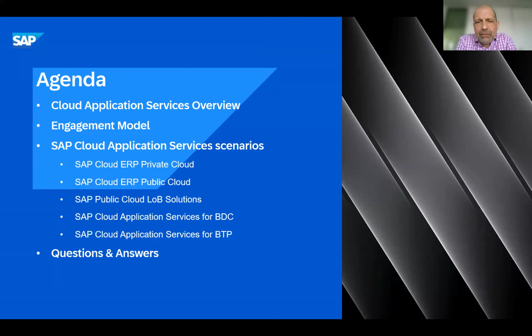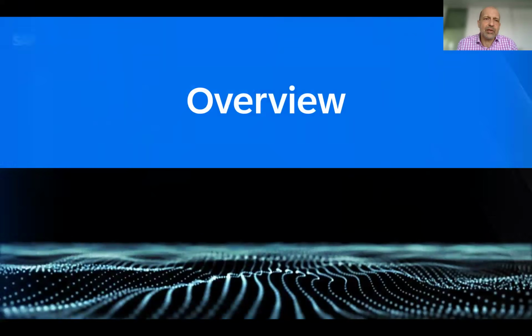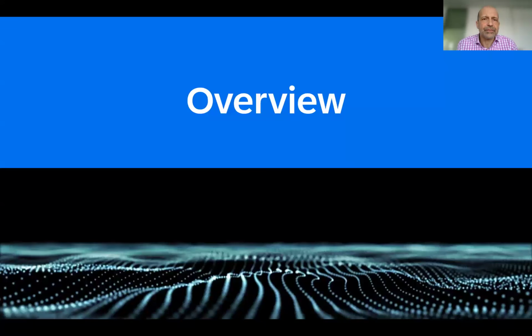And of course, for the main technological architectures like BDC and BTP, we also have an offering which takes away responsibility and tasks from the customer side. Finally, as said by Larissa, I would like then to give you the opportunity to ask questions and to answer them.